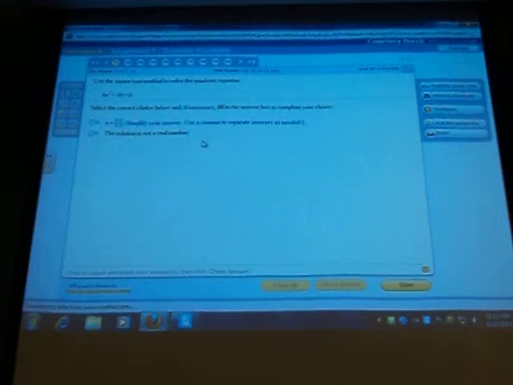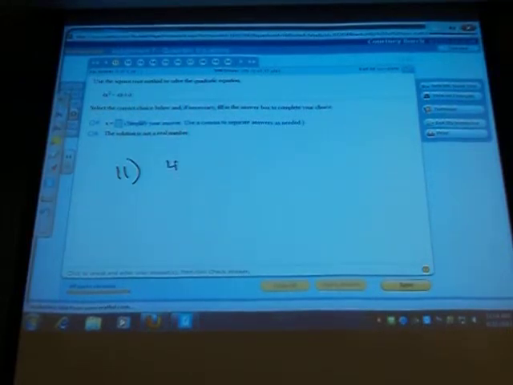Okay, so let's look at number 11. Number 11 wants me to solve 4x squared minus 49 equals 0. Now there's actually another way you could approach this problem. Anybody see that? It tells me to use the square root method.